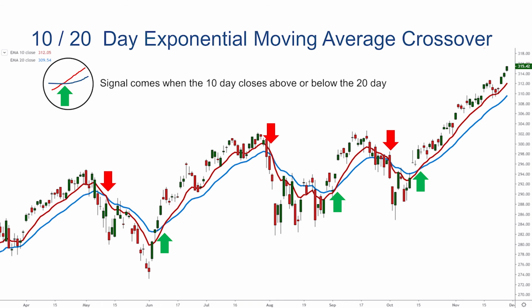The point here is the actual signal to buy or sell will come with the crossover of the faster 10-day moving average above or below that slower and lagging 20-day moving average. And you're getting the buy and sell signals along the way. And so this technique can, again, using that day trading example, be utilized even on an intraday basis.